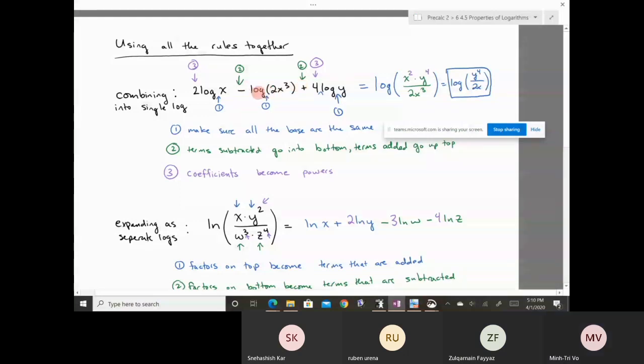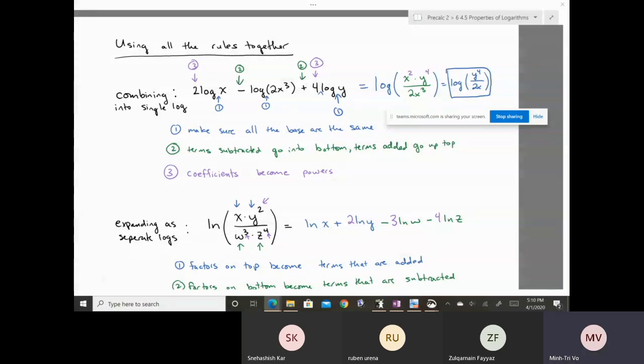Right? So things that are added are multiplied and things that are subtracted are divided. Right? So you can think of it in the following way when you're trying to combine. Right? So you look at terms that are subtracted should go in the denominator, and then terms that are added go into the numerator.